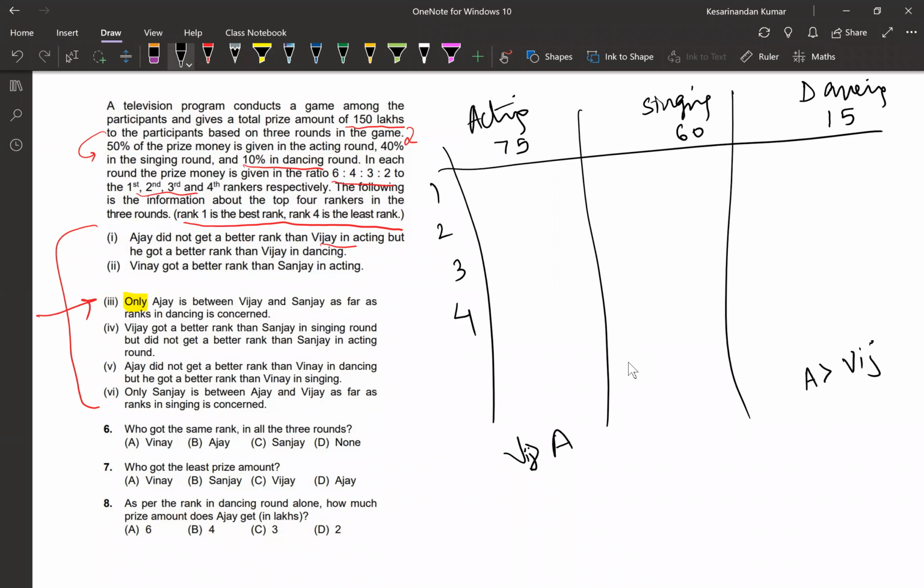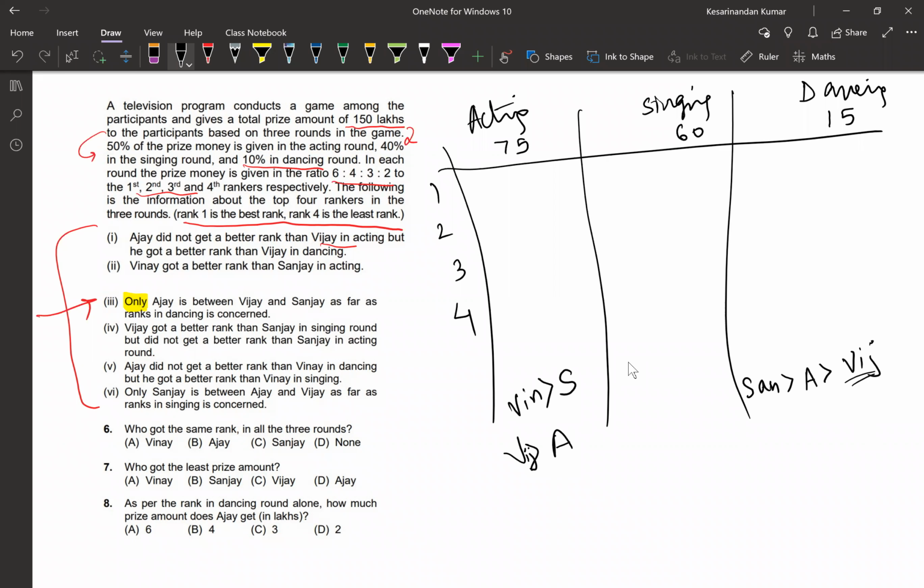Vinay got a better rank than Sanjay in acting. Fine. Only Ajay is between Vijay and Sanjay as far as dancing is concerned. Vijay I already know. I will say Sanjay. From the fourth statement, I see Vijay got a better rank than Sanjay in singing.